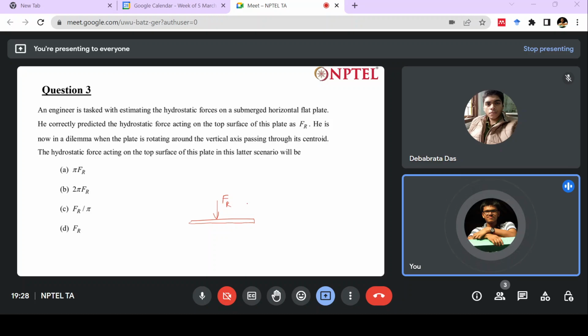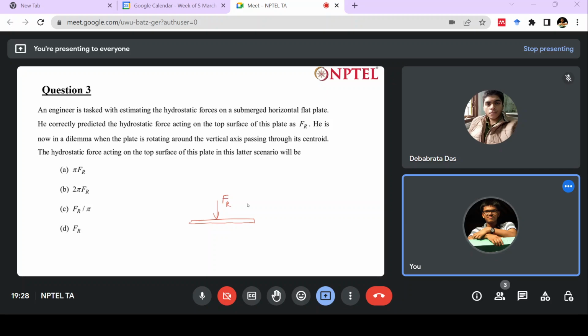Now he is in a dilemma when the plate is rotating around the vertical axis passing through the centroid. How much will the hydrostatic force be in the latter scenario?